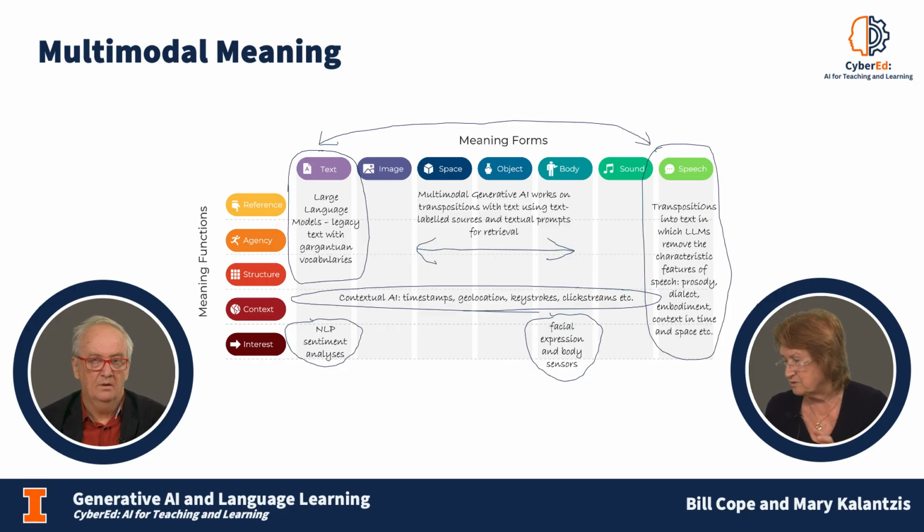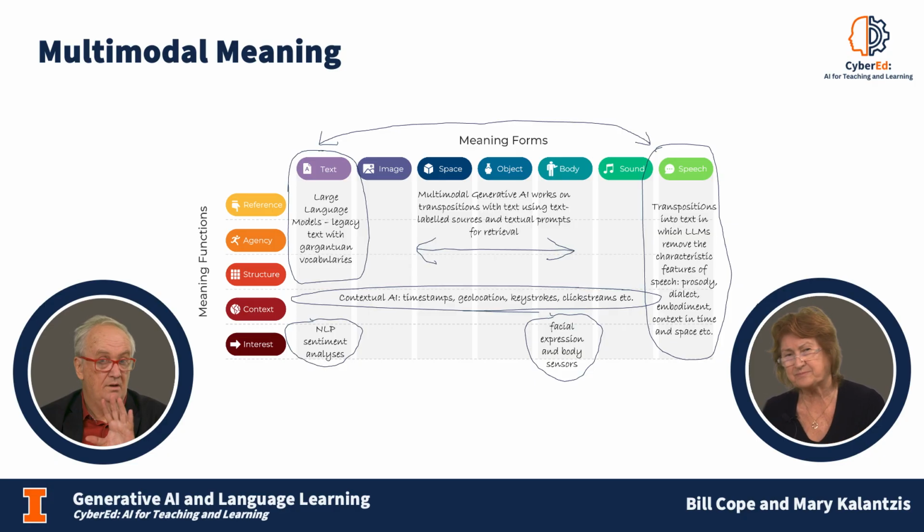We're not going to say more than that here, but we've spoken about this elsewhere. But this for us is the way to understand meaning making in the age where meaning is multimodal and can be reproduced in shifting modes all the time.